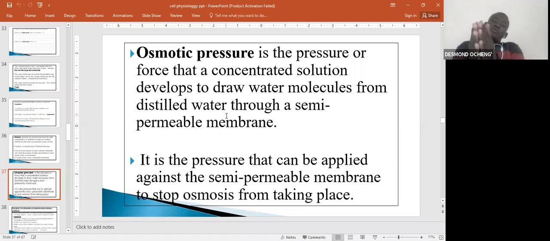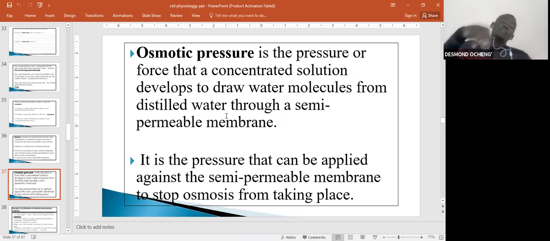Osmosis will have to be stopped by applying some force against the semi-permeable membrane to stop the water molecules from getting into the concentrated solution. At that point, the concentrated solution shall have become dilute, because more water molecules shall have gotten into it.